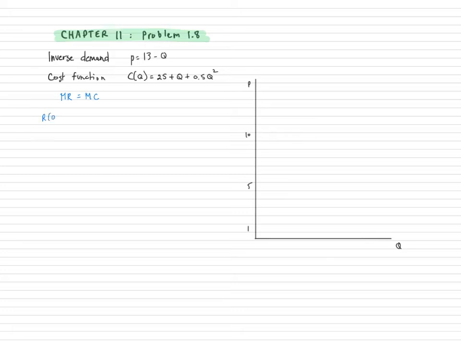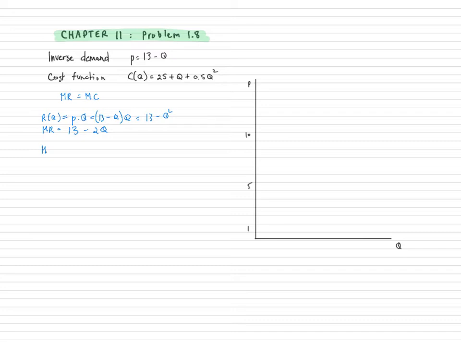Revenue is a function of quantity, which is equal to P times Q. So that would be 13 minus Q times Q, 13Q minus Q squared. And therefore, the marginal revenue, and we knew this already because whenever we have a linear demand function, marginal revenue has the same intercept and twice the slope. All right, so we got 13 minus 2Q as the marginal revenue.